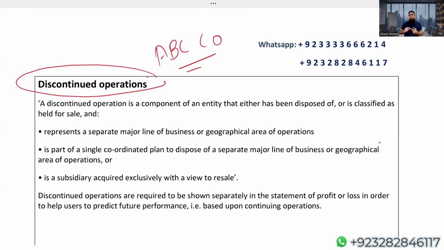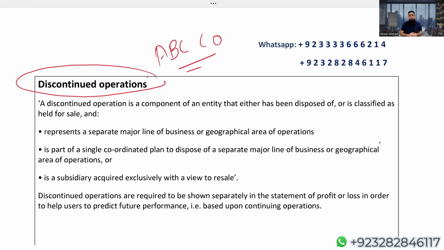It means you are still informing your shareholders, current and potential, that whatever profit they see right now will come in the future as well, which is not the case. That is why once the criteria is met, you have to prepare financial statements showing discontinued operations. Another example: there's a possibility that you have already sold a separate line of business. That is also a discontinued operation.